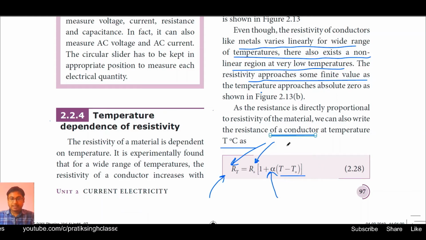Here T is the temperature which we desire and T naught is the initial temperature. It may be 0 degree, negative, or any other temperature. Here you can use the symbol omega, because it is about resistance. The unit here is ohm.